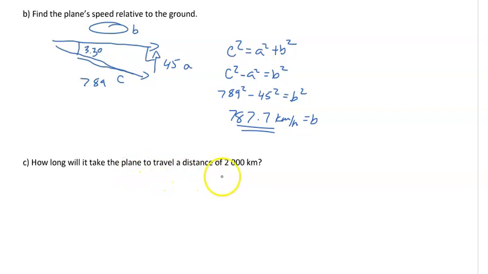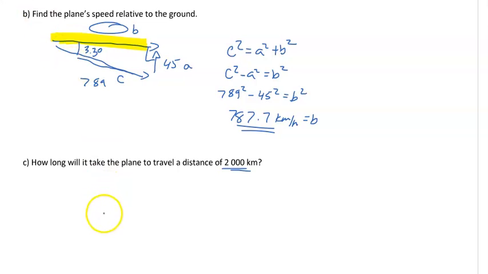So how long will it take for the plane to travel 2,000 kilometers? Well, we've got a 789, a 45, and a 787.7 kilometers per hour. The one that we're really worried about is the resultant. This is what it's actually traveling with respect to the ground.